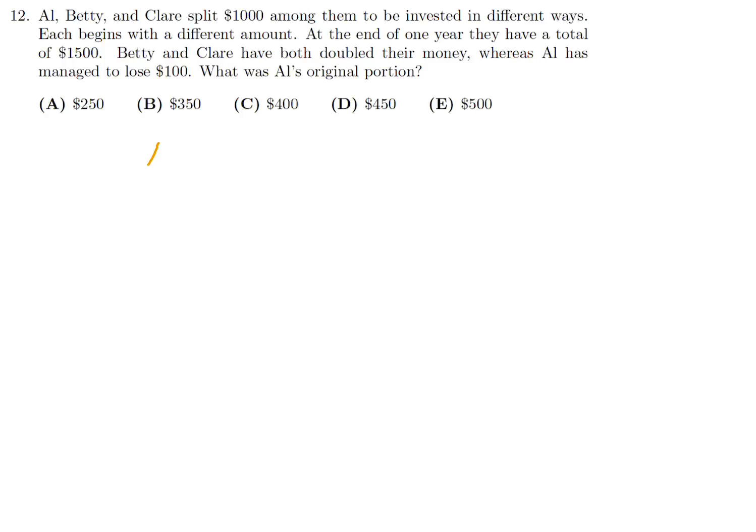So initially, A1 plus B1 plus C1 is $1,000. And then later, they managed to get to $1,500 among all three of them, and I'll call that A2 plus B2 plus C2.